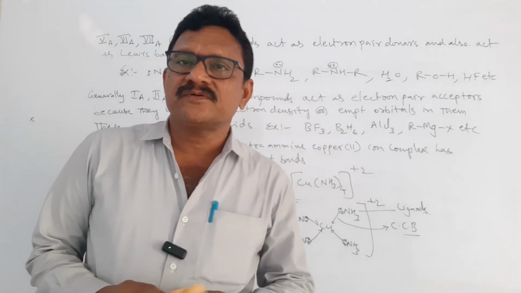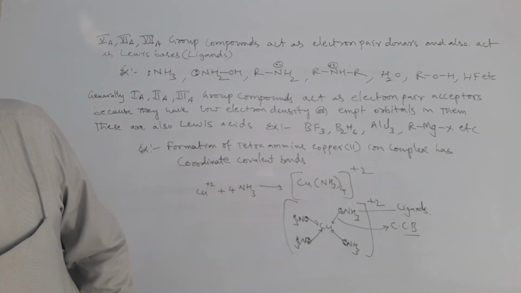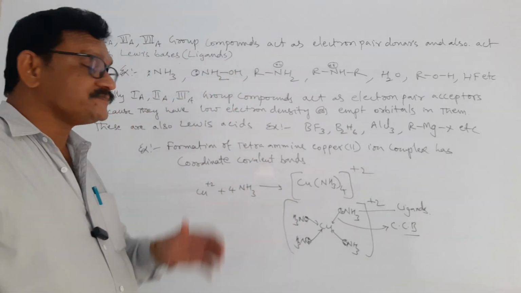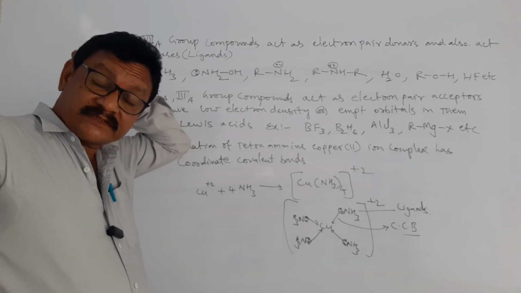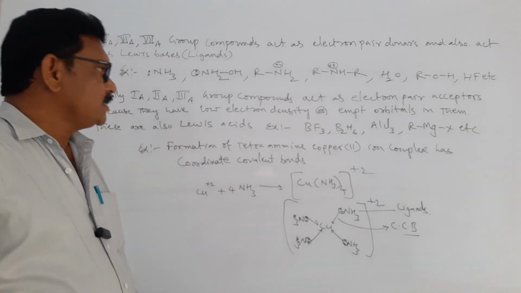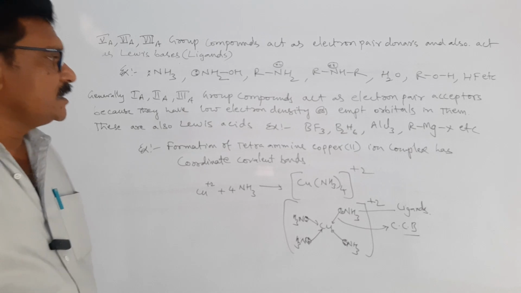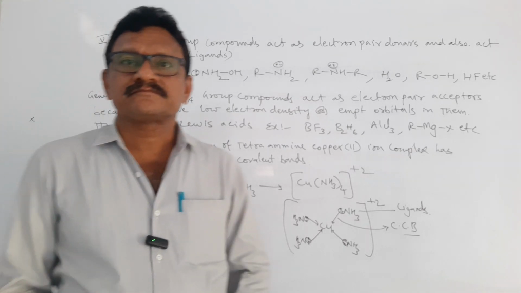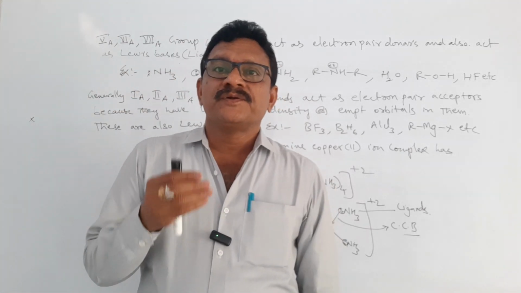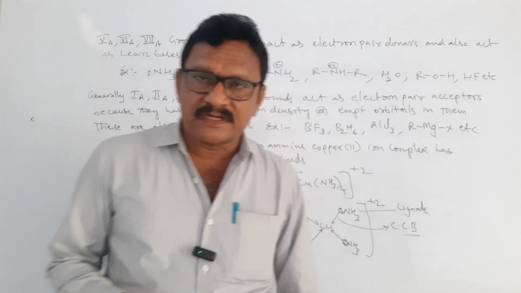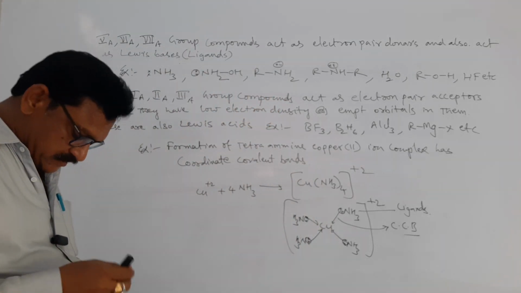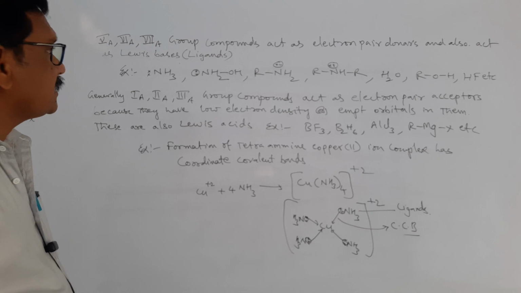Okay. This is nothing but the third type of bonding in covalent bonding, that is coordinate covalent bond. After completing this, we have another one, the fourth type of bond, that is metallic bond. I will tell you just now. I want to explain the metallic bond.